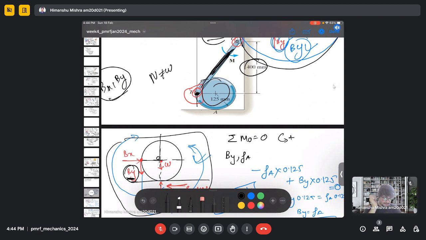If you remove this part, you will only have a disk. In that case the normal reaction will be equal to the weight. So it will either be equal to the weight or it may be less than the weight. But in this question, since you have other vertical forces, it can go above the weight also.